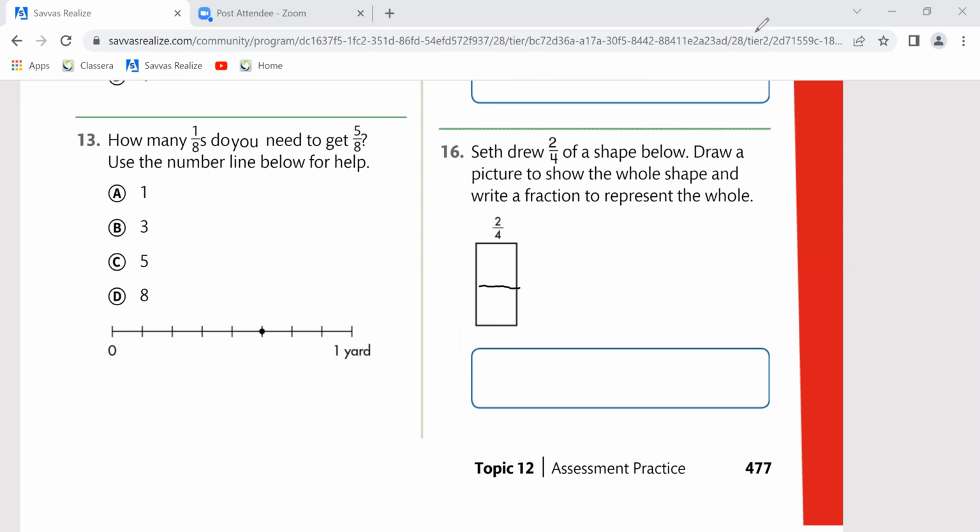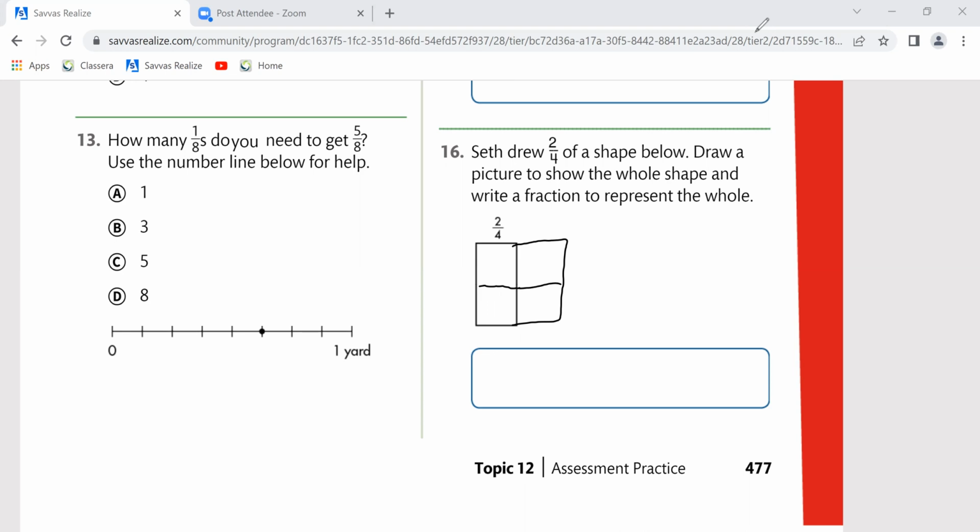How many parts should be together? Manar, where do we look to know how many parts should be together? 4. But you have already 2. How many more do you need to draw? 2 more, but they should be equal. That's why you draw the same 2. Why 2 more? Because together 4.